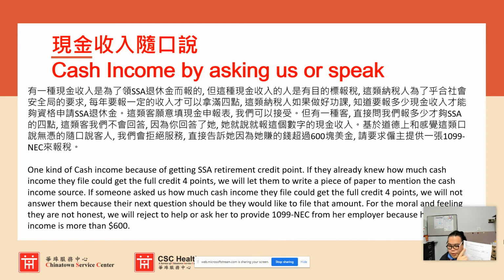But if it is cash income and they don't have any proof, we can use this form also. They need to mention the business tax, the business they pay each quarter to their accountant. And then for the date, we can mention January to March, April to June, July to September, and October to December, like this.